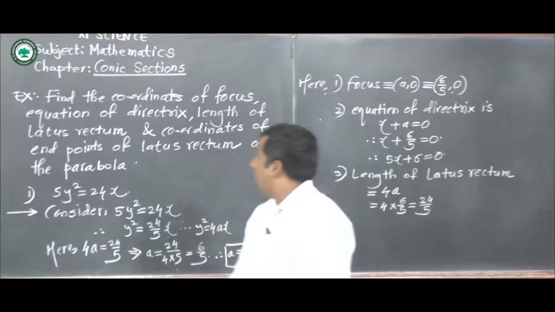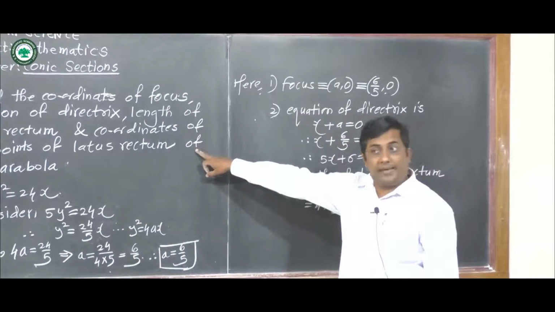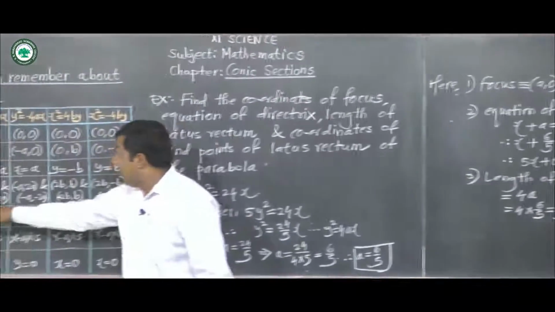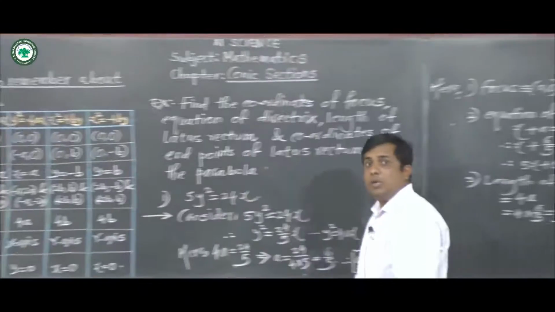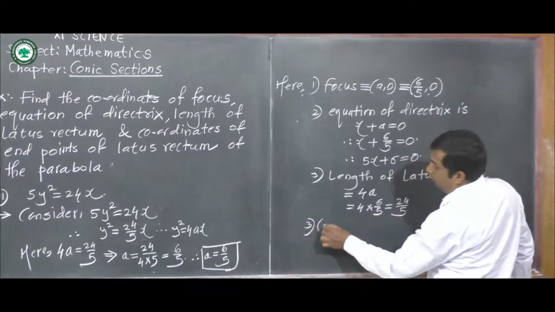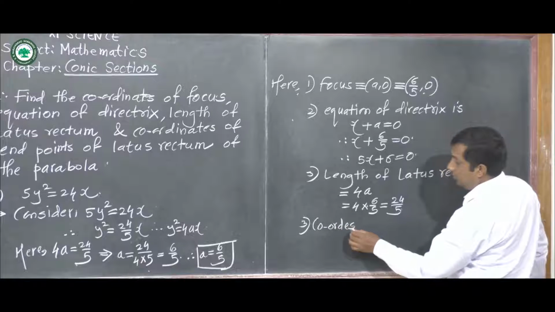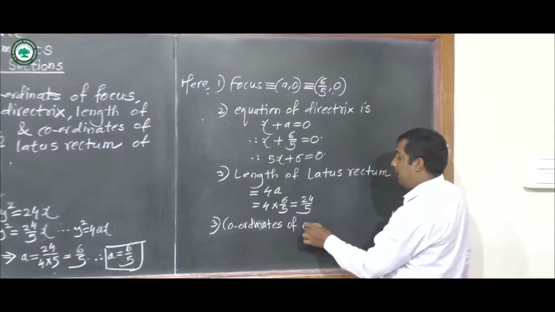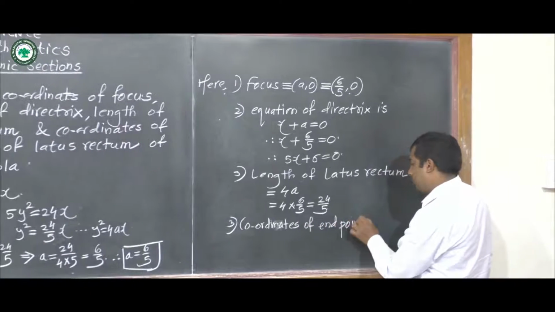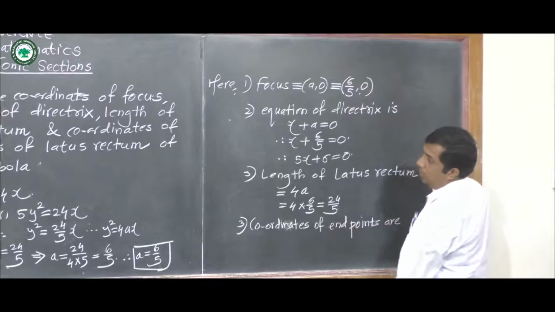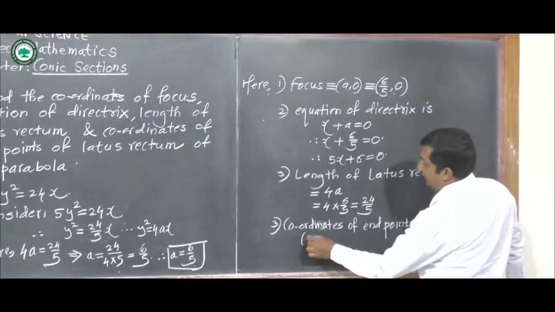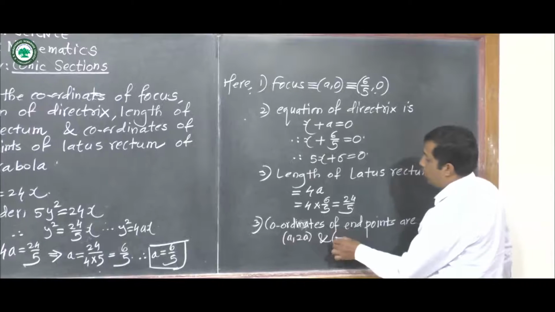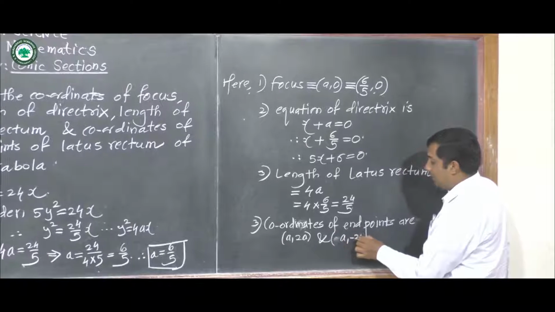And in last, we have to find endpoints of the latus rectum. For the endpoints, we consider (a, 2a) and (a, minus 2a). So the coordinates of endpoints are, we know, (a, 2a) and (a, minus 2a).